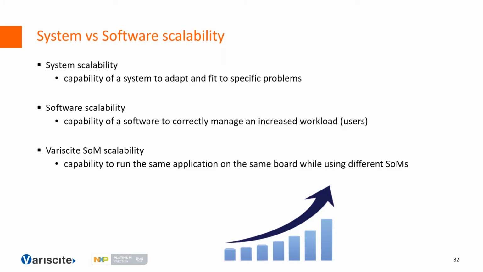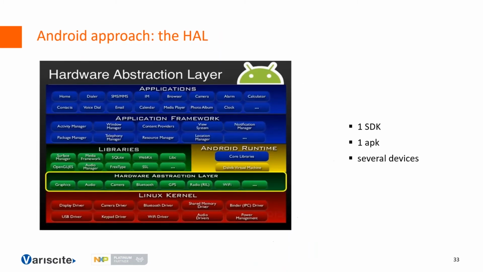So let's see how Android approaches this question. All of you may have experience using an Android phone. You can just download your application without taking care of which model you have. How can that happen?